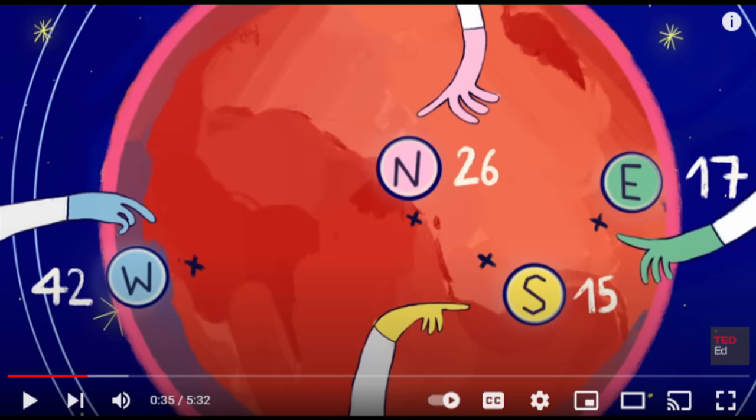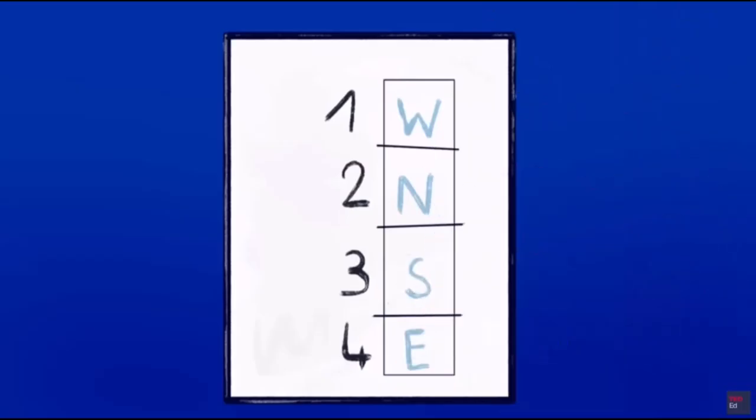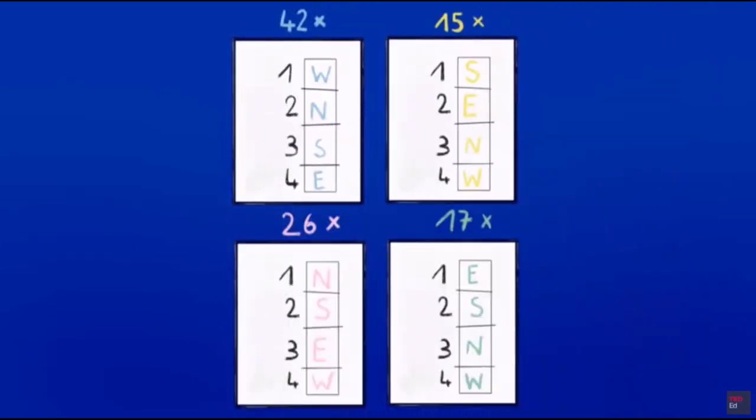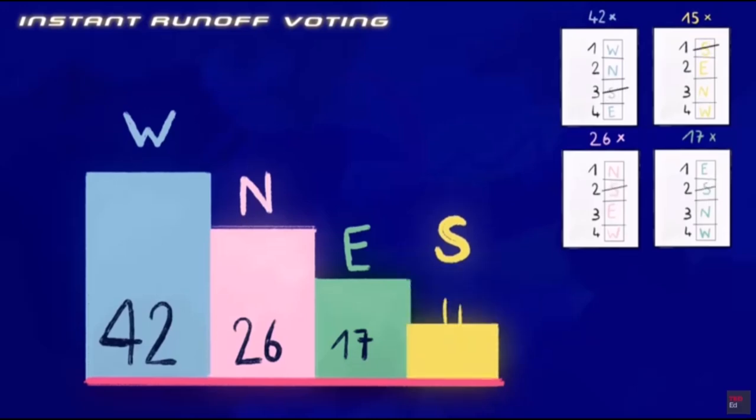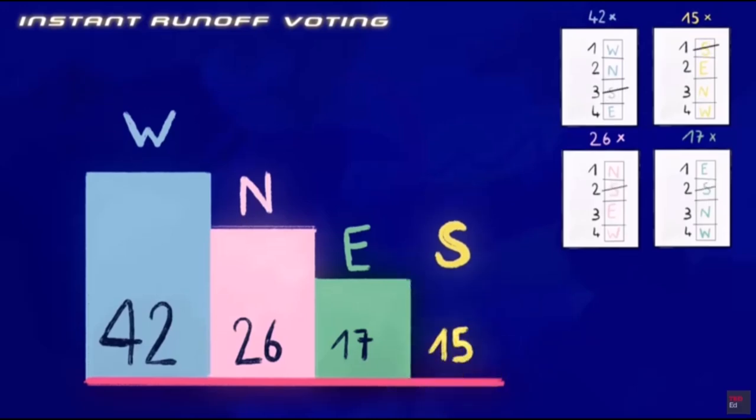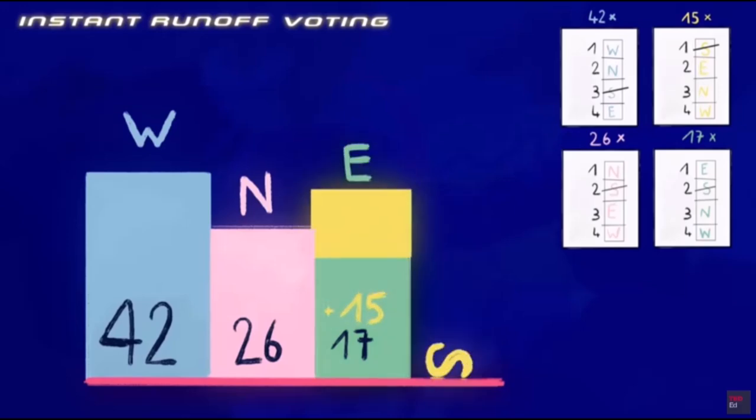Here's a clip from the video showing the results of each round, following the method used by the UCP and most organizations. Voters rank each of the options from 1 to 4, and we compare their top picks. South receives the fewest votes for first place, so it's eliminated. Its 15 votes get allocated to those voters' second choice, East Base, giving it a total of 32.